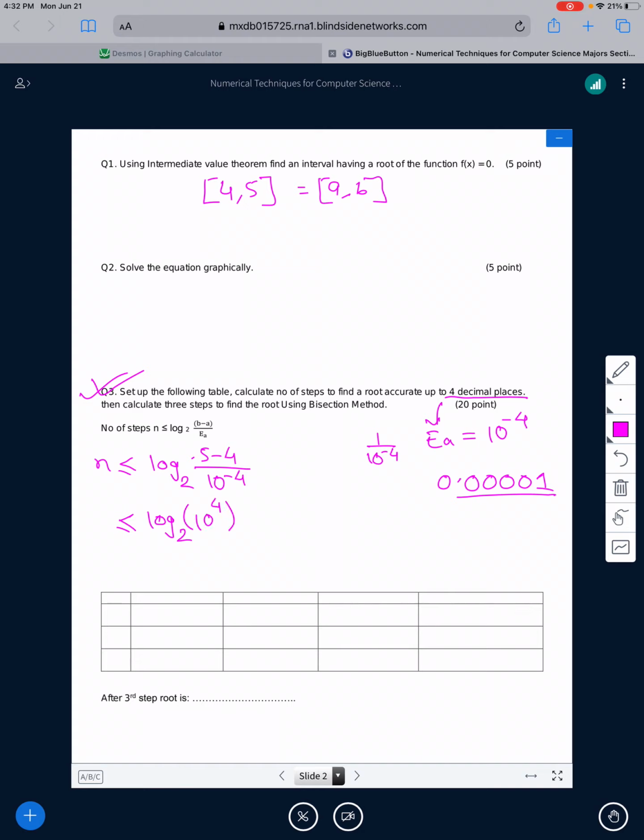How can you put this in the calculator? Either you need to go to math and then go all the way down to log base, and then you can compute log base 2 of 10 to the power 4.